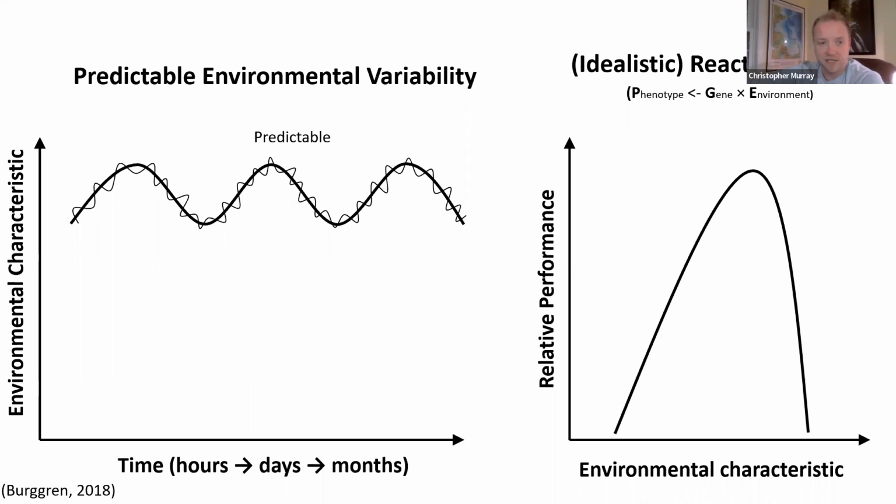And we describe these adaptations by something that we call a reaction norm. The very idealized format of a reaction norm is generally a parabolic relationship, this one with temperature, that shows an increase in physiological performance with temperature, reaching some maximum level before declining sharply.